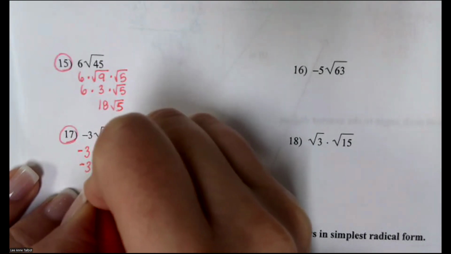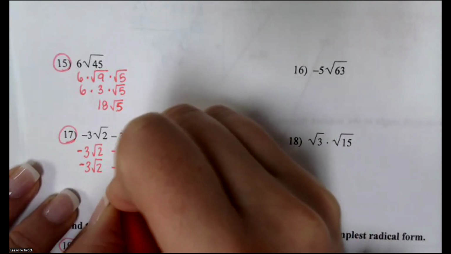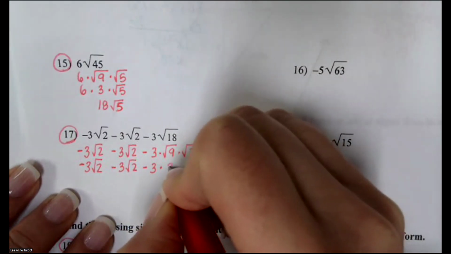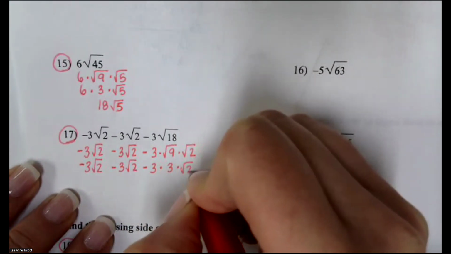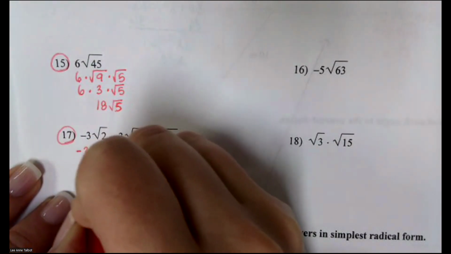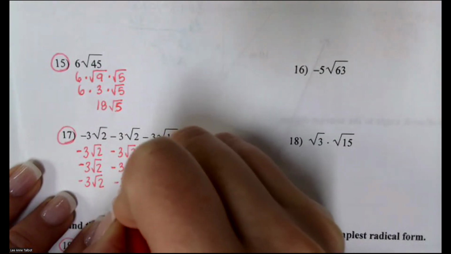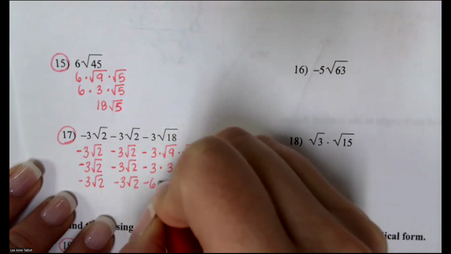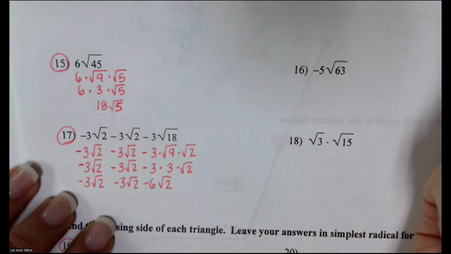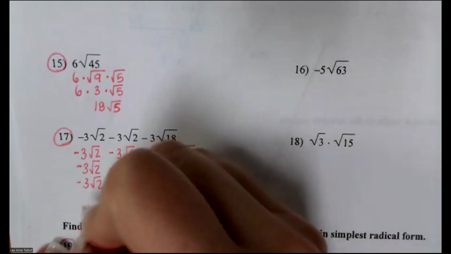Negative 3 root 2 minus 3 root 2 minus 3 times root 2. Okay, now these are all like terms.